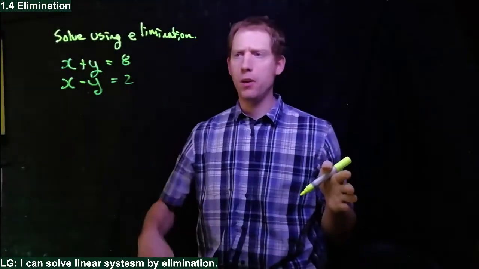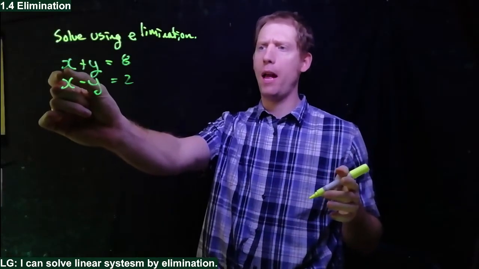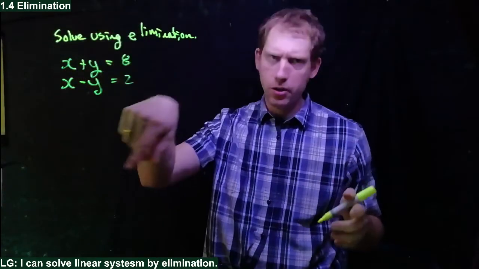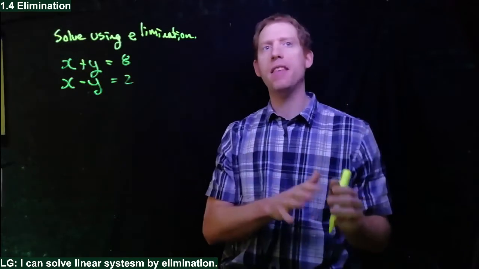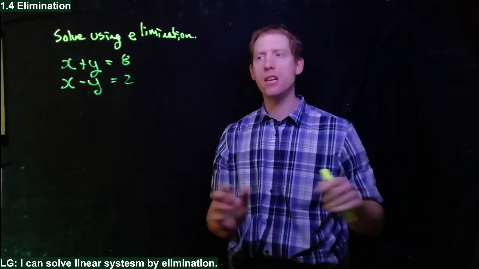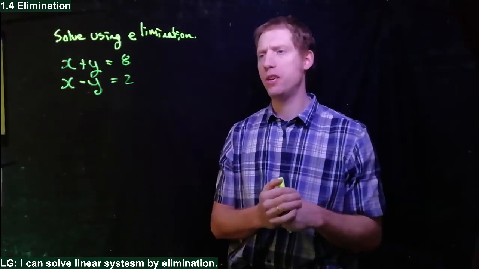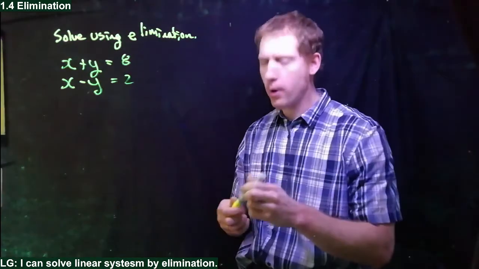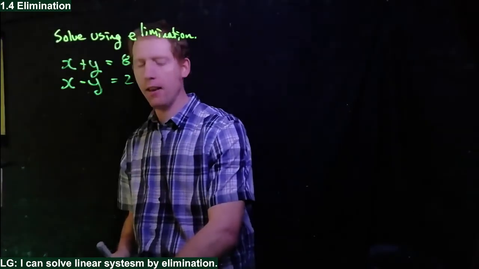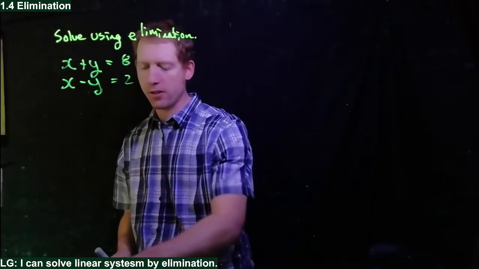From the last class, we could isolate for one variable and then substitute it into the other one, but that method actually takes longer. Elimination is a better method, depending on the situation, but usually it is faster. What you want to do is you want to kill one of the variables.